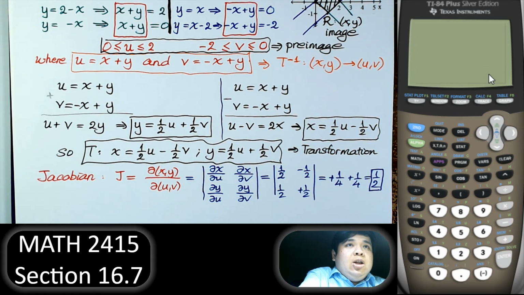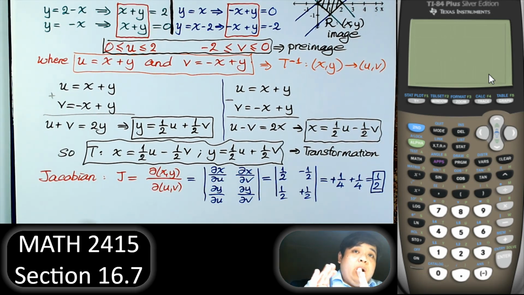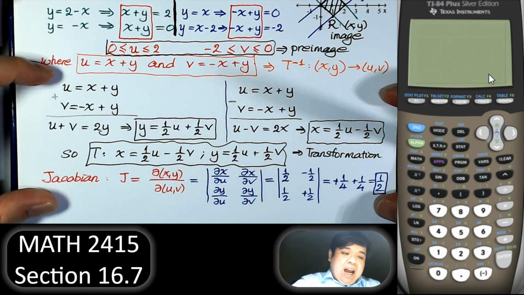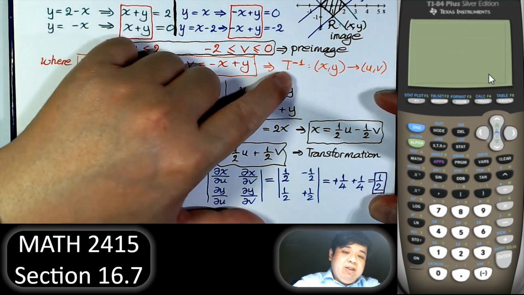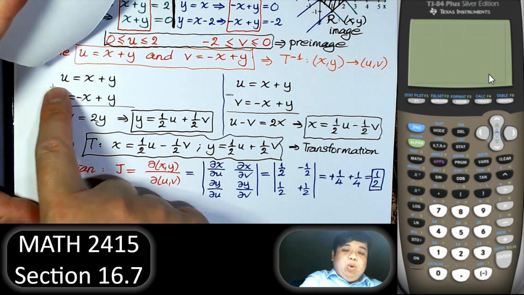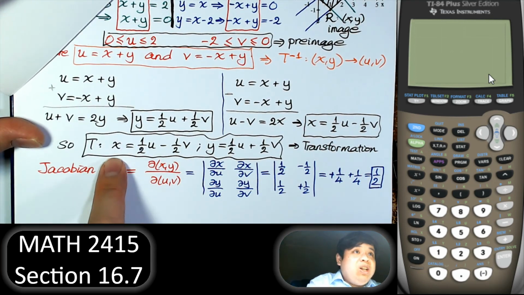Right. So we kind of find a lot of things, but most important in the change of variables, we need to know the pre-image because we have to know what the boundary for u and v is to evaluate. So we have to do that regardless. And then from that, of course, we have the inverse transform in this case. By the way, we don't have to do all of this just to find the Jacobian, because after all, we don't need the transformation.